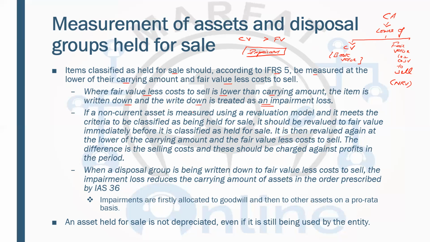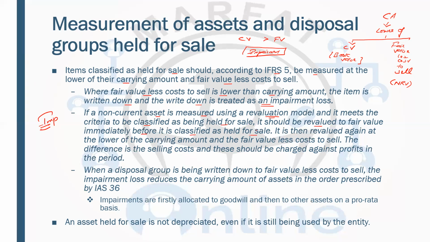If a non-current asset, this is a very important point, I'm just going to mark it important. If a non-current asset is measured using a revaluation model, and we know that in the revaluation model we take the asset from the carrying value to the market value, the revalued amount, and it meets the criteria to be classified as held for sale, it should be revalued to fair value immediately before it is classified as held for sale.